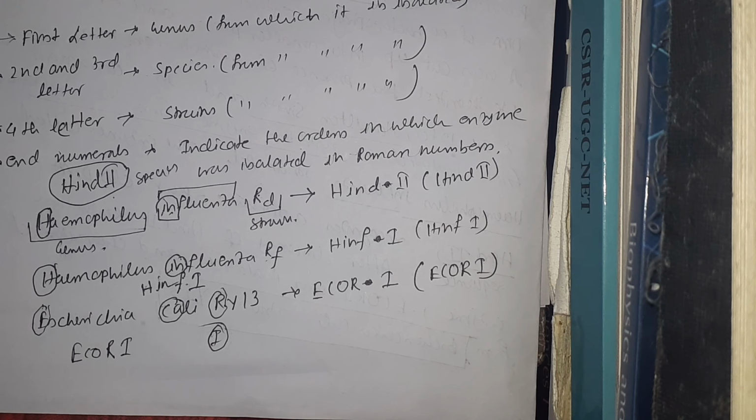So every restriction endonuclease has the ability to recognize a particular site in a nucleotide sequence and cut it, and that is the idea that we use in our DNA cloning, for isolating a particular target DNA that we want to amplify for our further study, or you can say production.